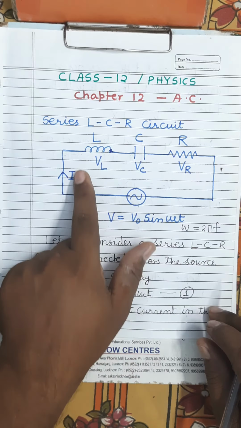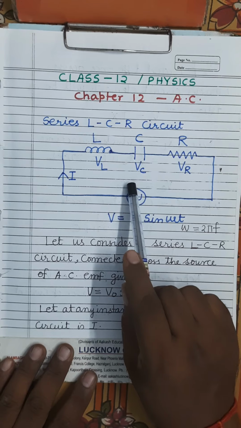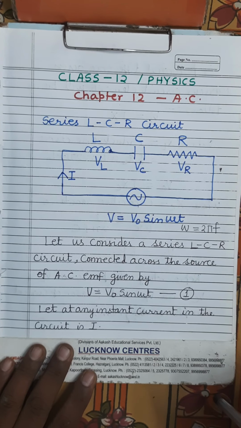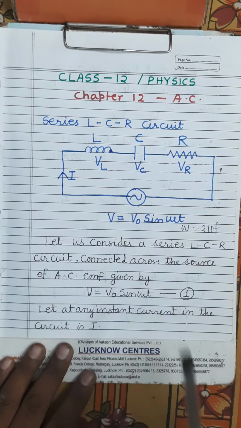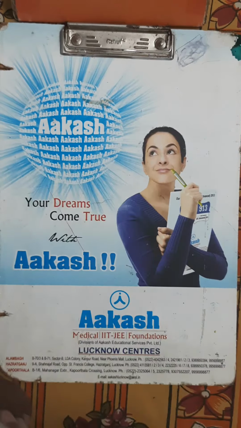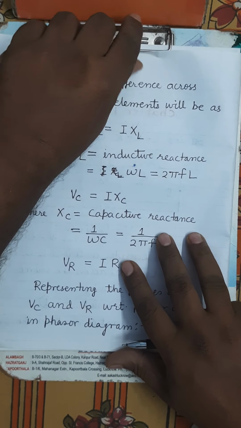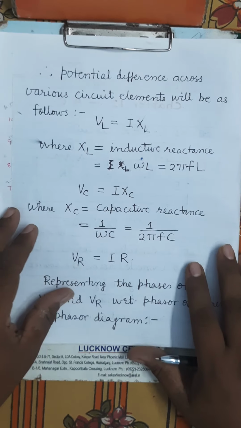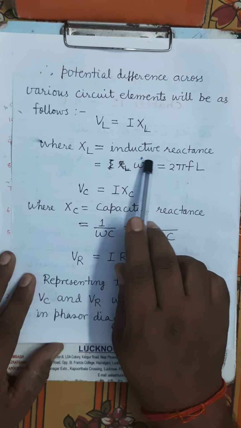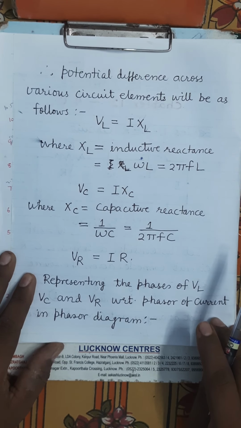So let at any instant the current in the series LCR circuit be I, and at that instant the potential difference across the inductor is VL, across the capacitor it is VC, and across the resistor it is VR. What will be the expressions of VL, VC and VR? VL equals I into XL, where XL is the inductive reactance, the obstruction offered by the inductor in the flow of current.